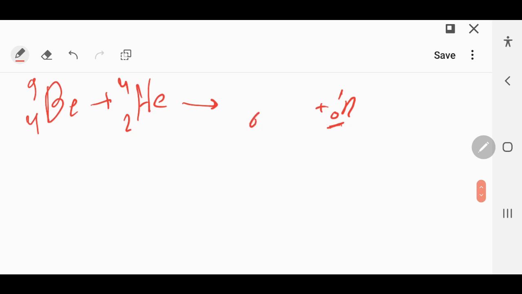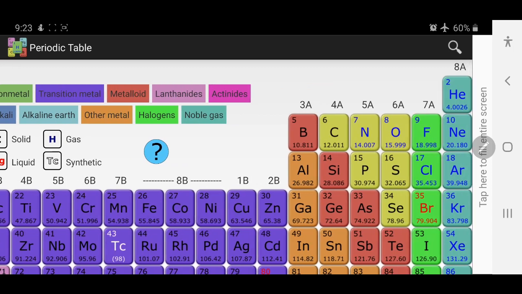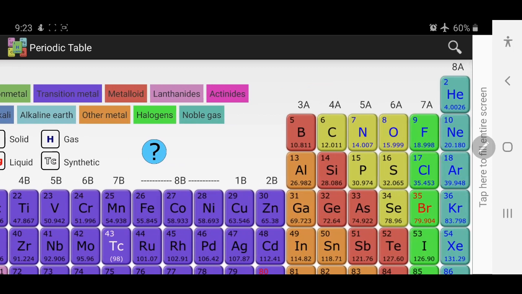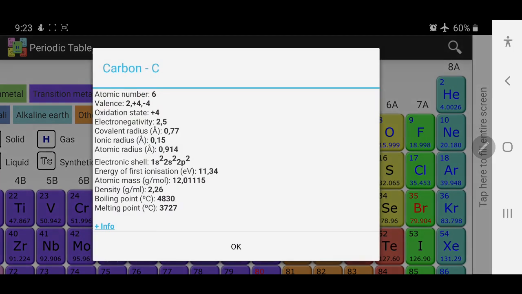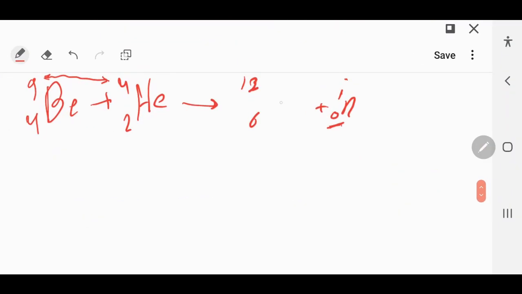And the total mass number here is 13, but remember that here we have another one, so this one must be 12. Now go to the periodic table. You can see that carbon is the element with atomic number 6, so carbon.